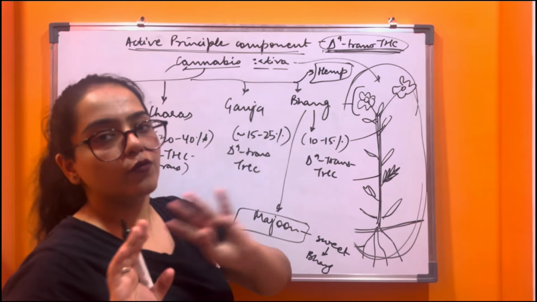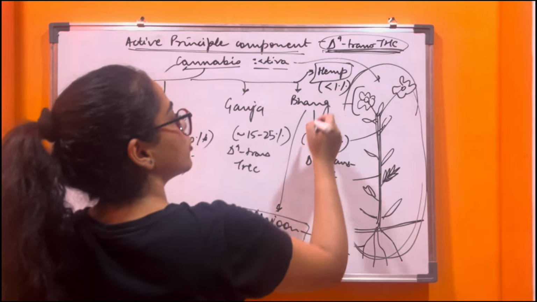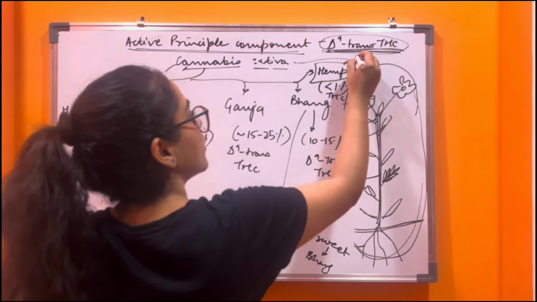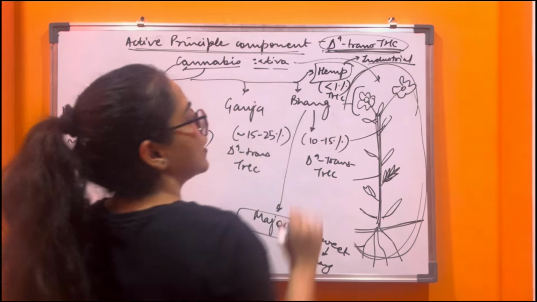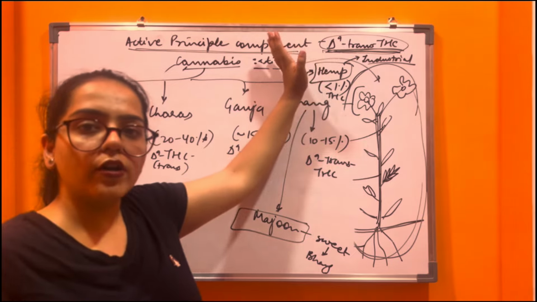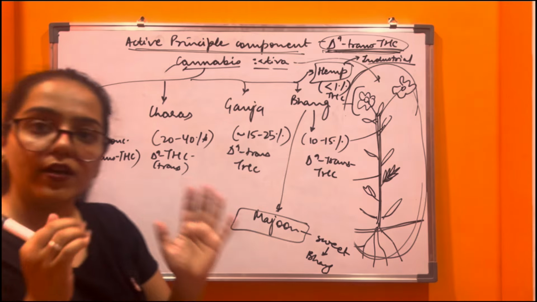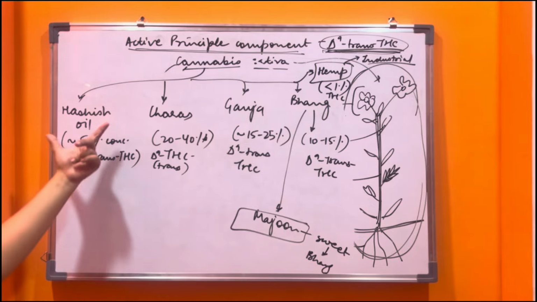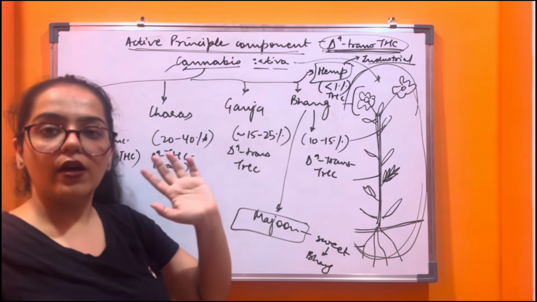Hemp is of no use to us. Hemp has less than 1% composition of THC. It is mostly used for industrial purposes. Its seeds and fibers are used for several industrial purposes. Hemp is not at all used as a drug of abuse, right? What we are concerned about is hashish oil, charas, ganja, and to an extent bhang.